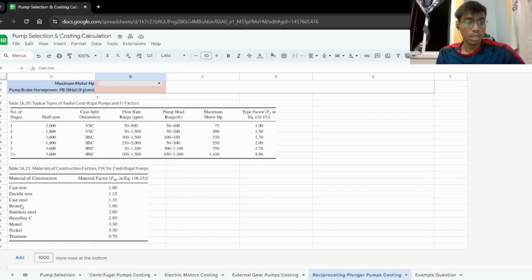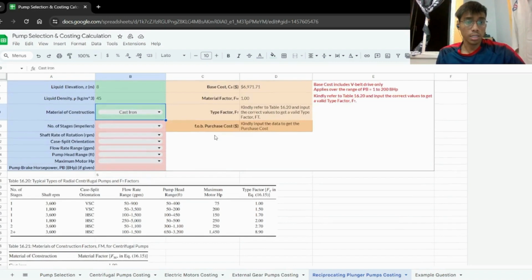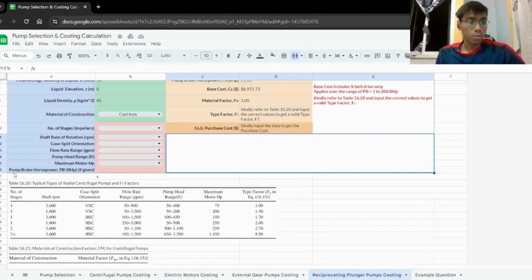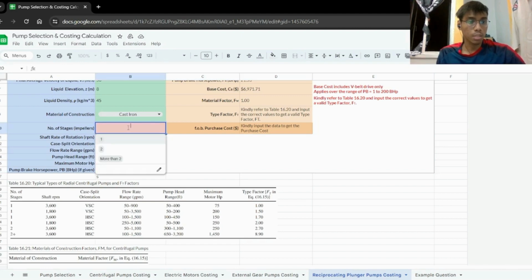So the user can input any material and it will give the value for material factor. The next one is number of stages and so on. The user must follow every value from this table, which is table 16.2. So for example, the user chooses the number of stages as 1.